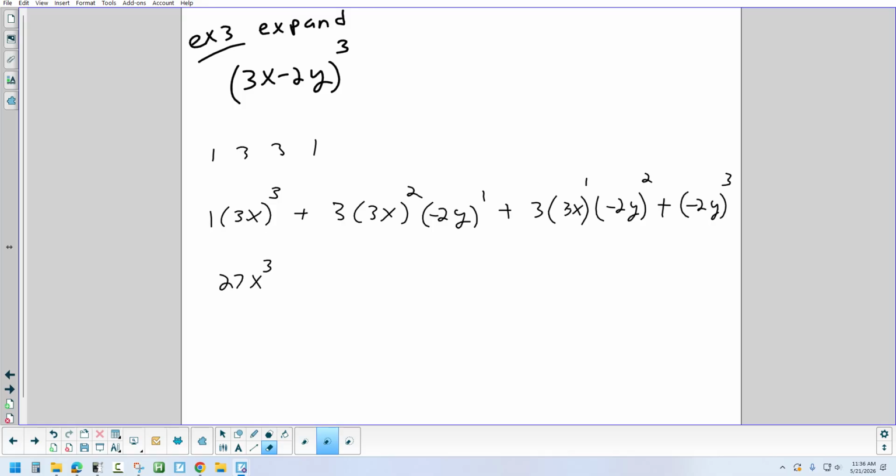Negative 54. All right, so that's our coefficient. It's a negative 54. First time we've seen a negative, and that's because of this. That was a negative. And then what about your variables? X squared and y. Yep. So it's probably easier to think about the variables after and then just do the number part first.